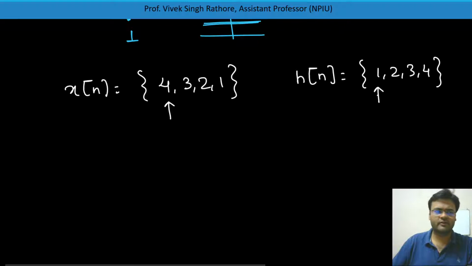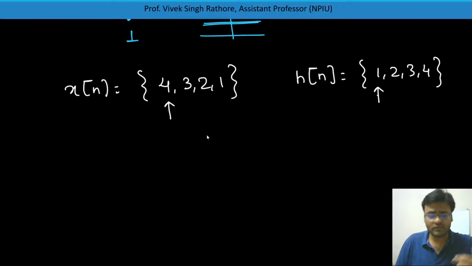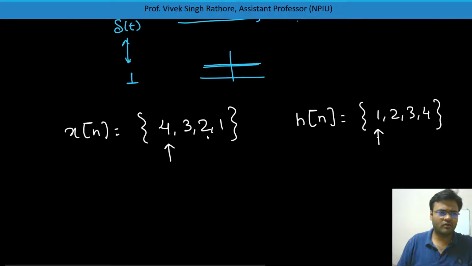First I will try the graphical method, then the multiplication method, and then we'll go for the tabular method. This is the longest method, but I am telling it because you should know the actual method, the graphical method. For convolution you can try it.